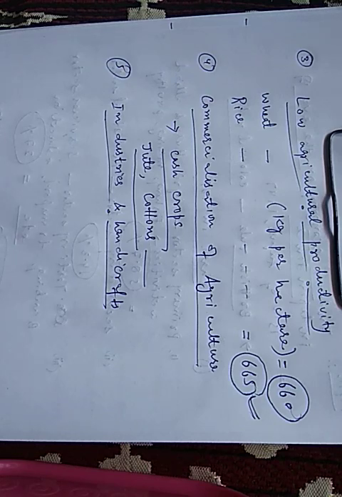Since at the time of independence, the Indian economy was mainly an agrarian economy. A large chunk of the population was engaged in agricultural activities, in the agriculture sector, and there were limited industries.